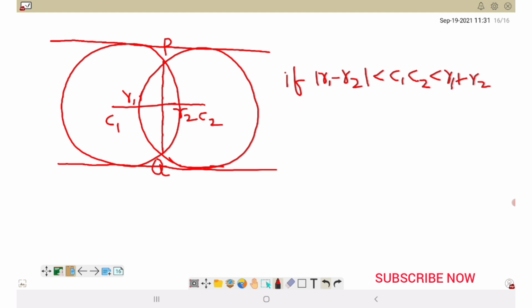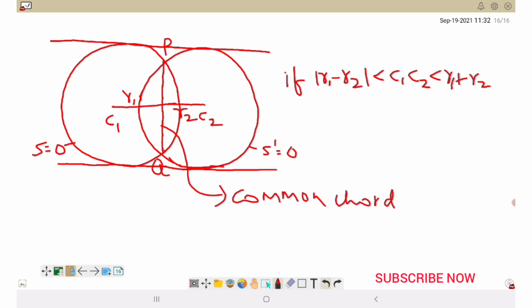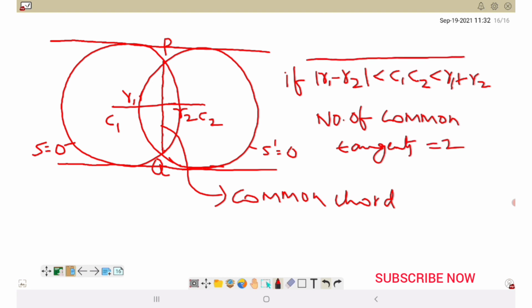Here the 2 points are P and Q. Here PQ is called the common chord of the two circles S equal 0 and S dash equal 0. So the number of common tangents is 2.